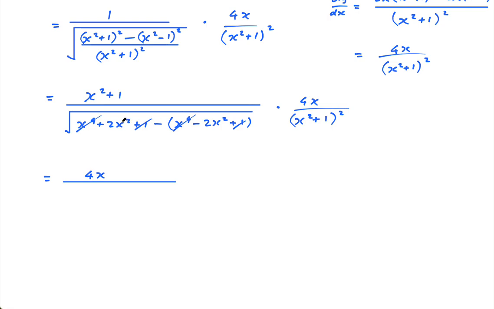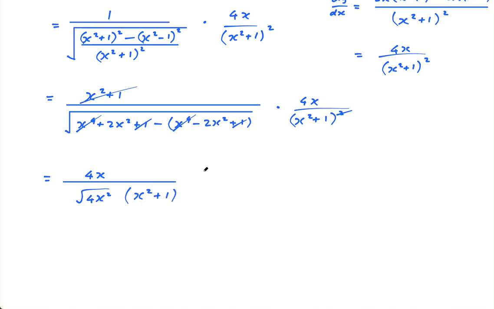So I'm left with the square root of 4x squared. And one of these has cancelled with this squared, if you like, and I'm left with here just x squared plus 1.